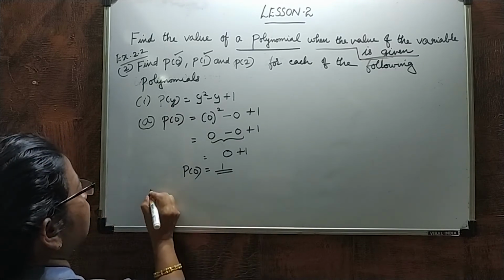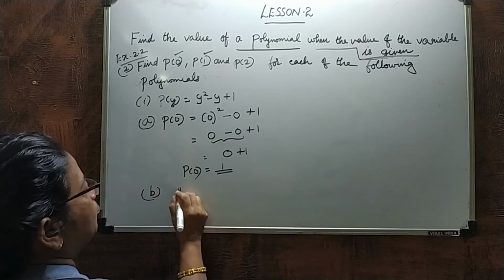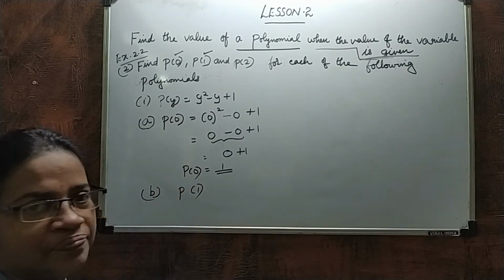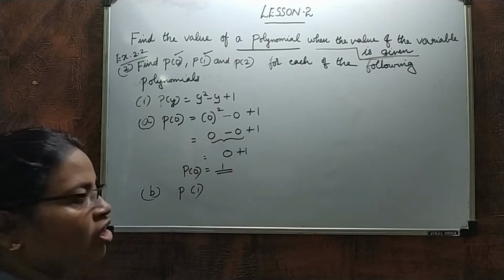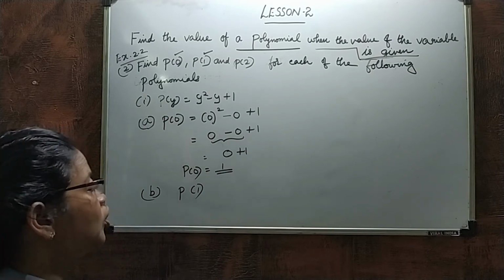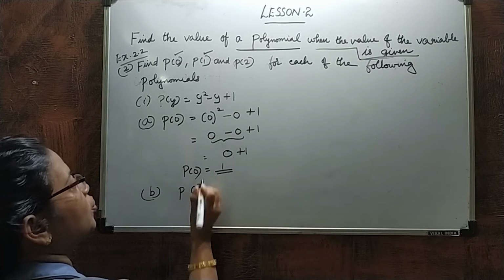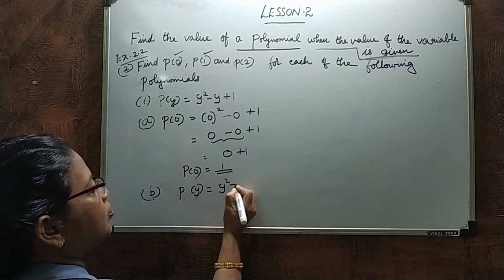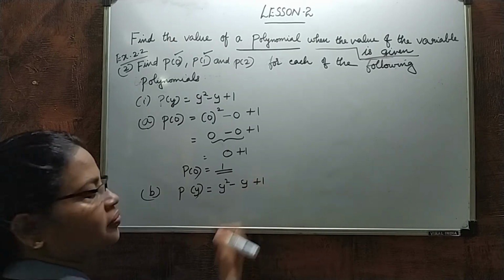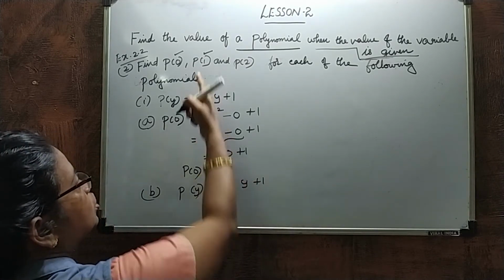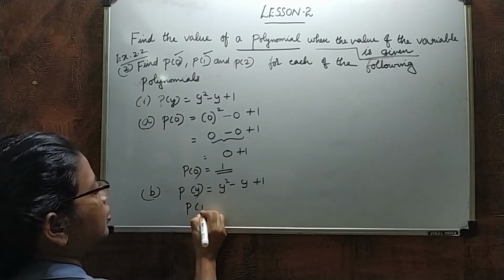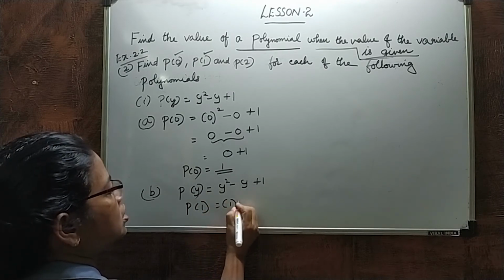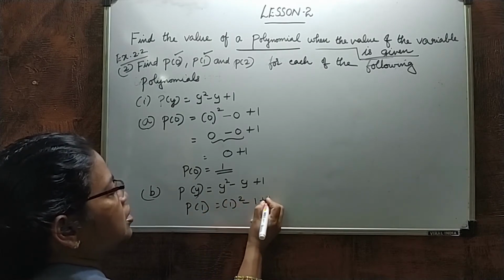Now do the second one, B. Find out P of 1. Before finding it, write the polynomial first. So the polynomial is P of y equals y square minus y plus 1. Then what do you have to substitute? P of 1 is equal to 1 square minus 1 plus 1.